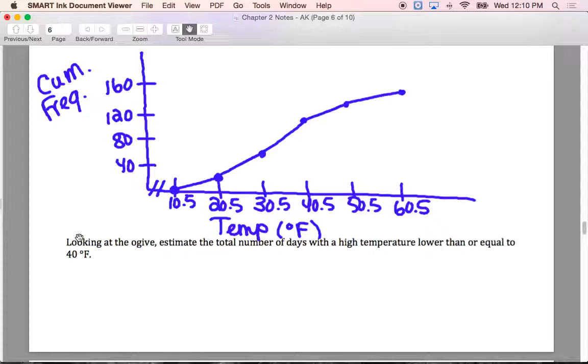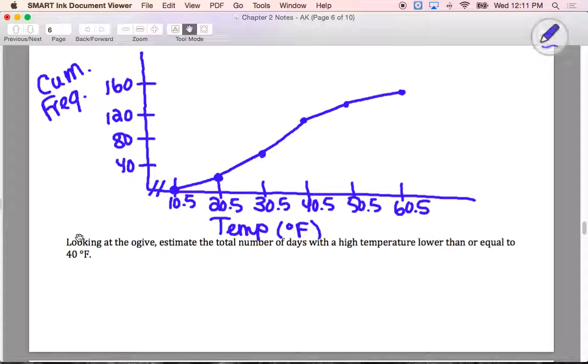So you want to figure out how many of our days are going to have class boundaries of 40.5 and smaller. So if we look at our cumulative frequency that matches up with the group from 30.5 to 40.5, that's 117. So that is saying there is a total of 117 days between 10.5 degrees and 40.5 degrees.